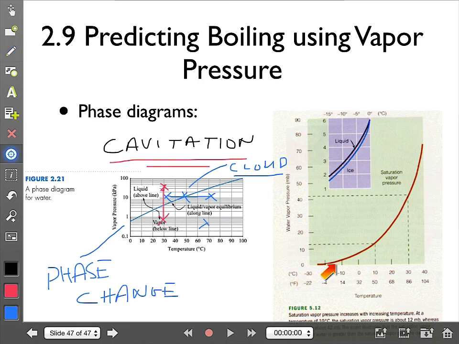You can see that this is a log scale, which I don't think was presented very well in the book. When it's plotted on a linear scale, you can see that this effect, the saturation vapor pressure, or the phase change line, is exponential. So it's a very important effect.